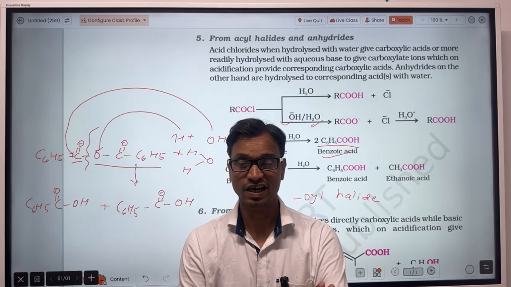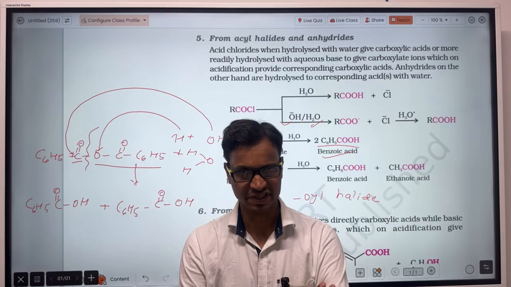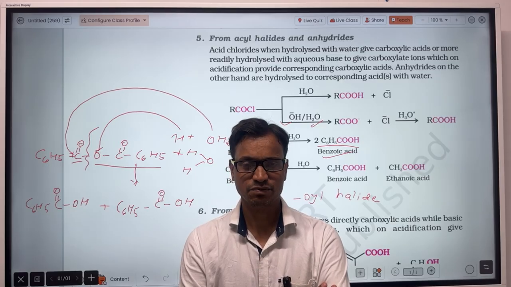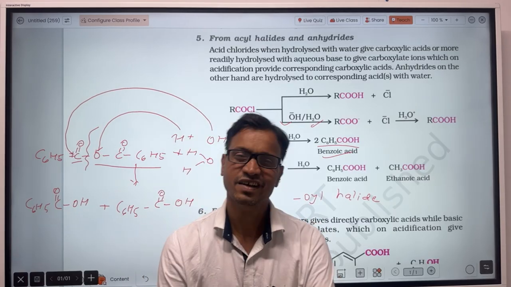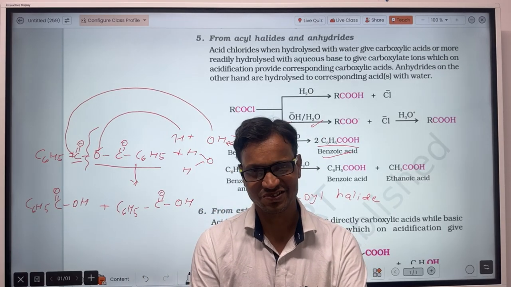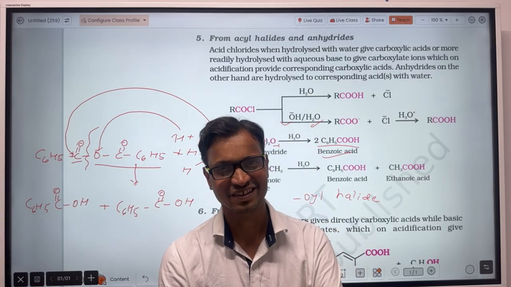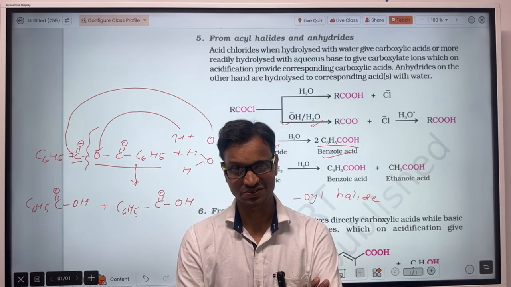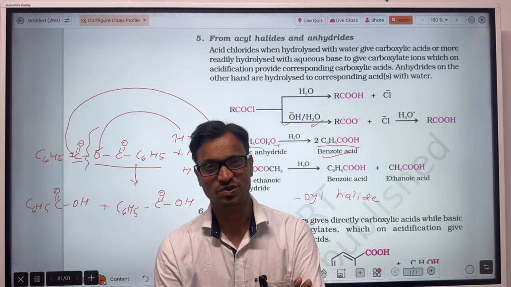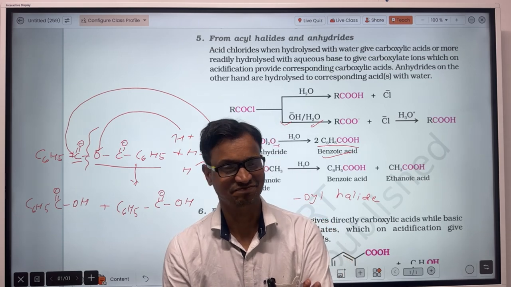That means when dehydration of the carboxylic acid molecules takes place, there will be formation of acid anhydride. Okay, that will come later on also. Keep this in your mind. It will be helpful for you in the chemical properties of the carboxylic acid.